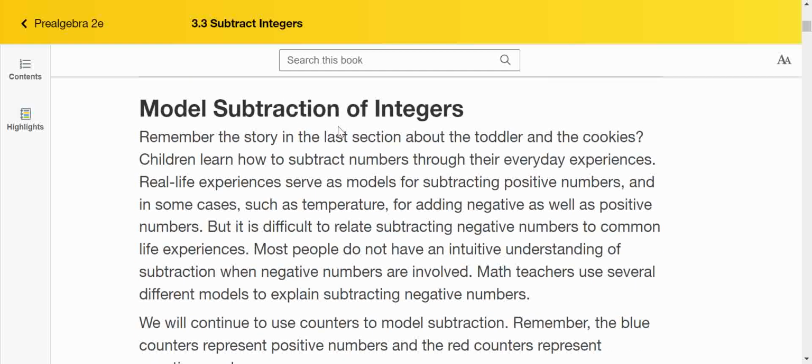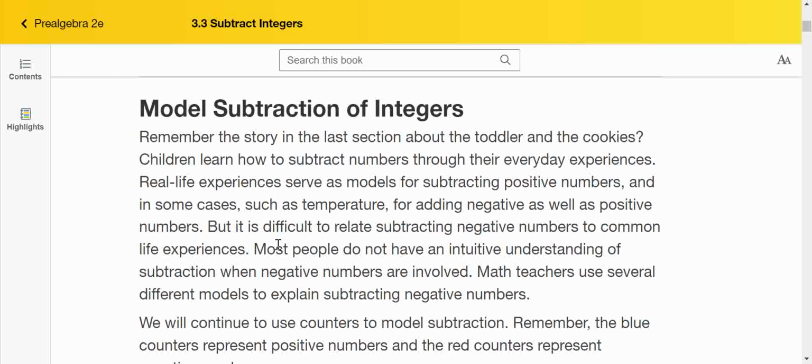Model subtraction of integers. Remember the story in the last section about the toddler and the cookies? Children learn how to subtract numbers through their everyday experiences. Real-life experiences serve as models for subtracting positive numbers, and in some cases, such as temperature, for adding negative as well as positive numbers.